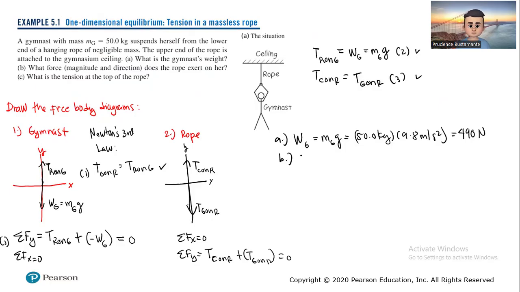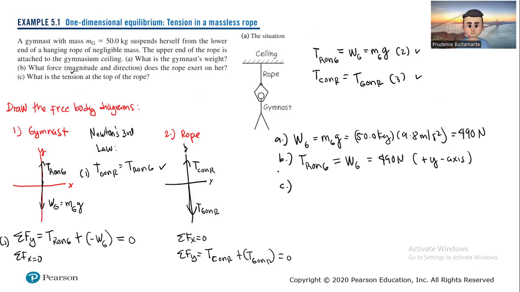The tension of the rope on G, from equation 2, is equal to the weight of the gymnast, which is 490 Newtons. So that is the magnitude. In terms of direction, we know that it is pointing to the positive y-axis.